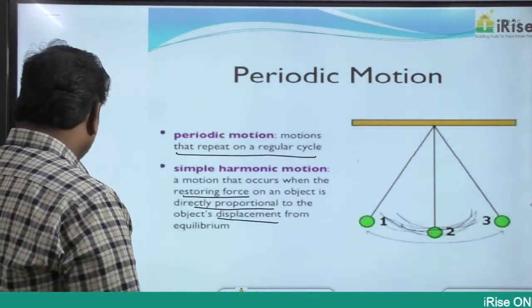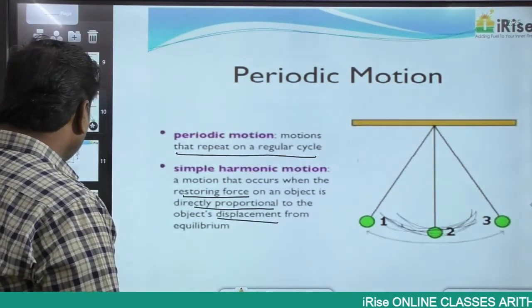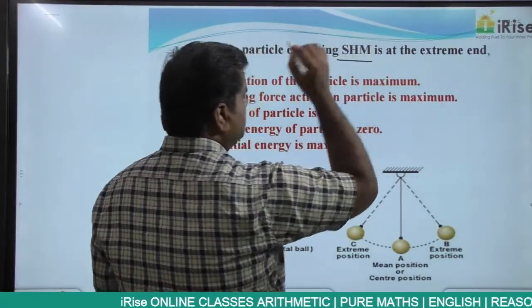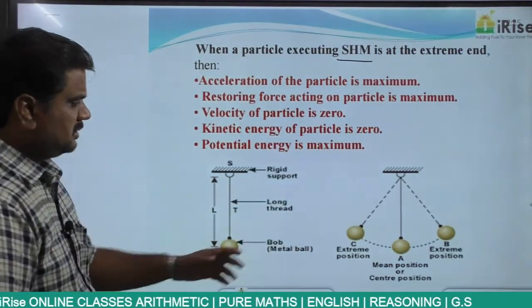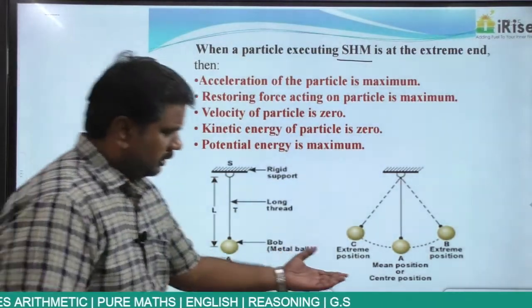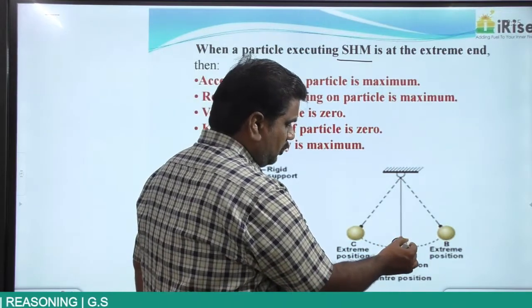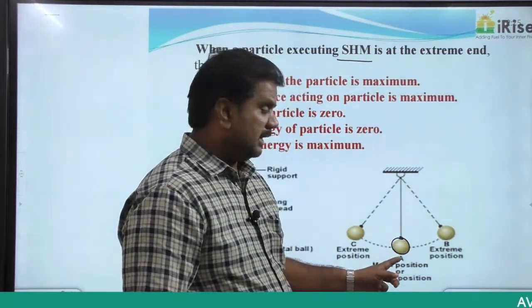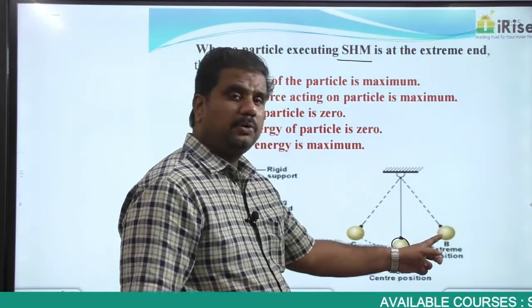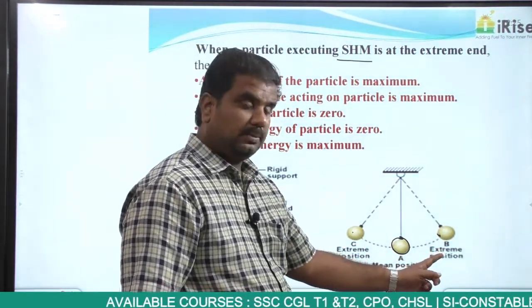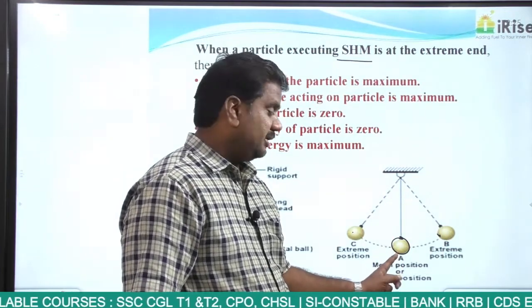In the case of a simple pendulum, we talk specifically about simple harmonic motion. When the pendulum is at this particular point, you call it the mean position. These points are the extreme points. At the mean point, kinetic energy is maximum.